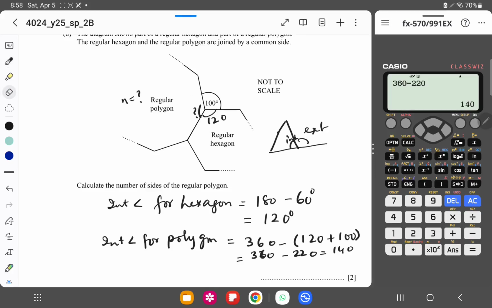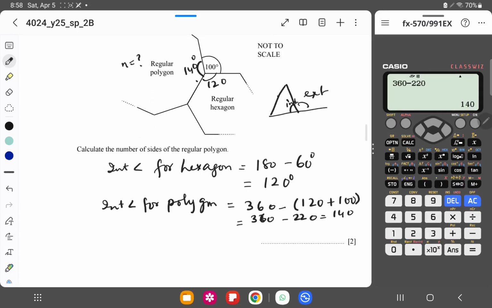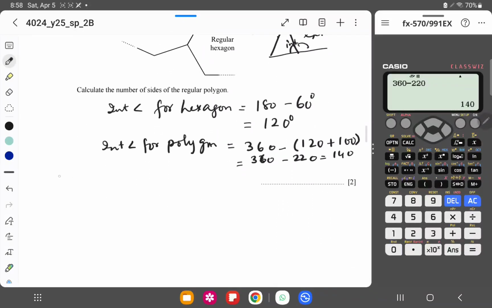So this angle is equal to 140 degrees. Each interior angle for the regular polygon is 140 degrees.